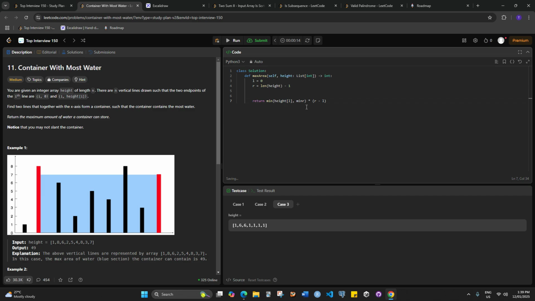Is this thing not starting? Minimum of the heights. Okay, so between these two I can only store 40, but then for these two I can store more.